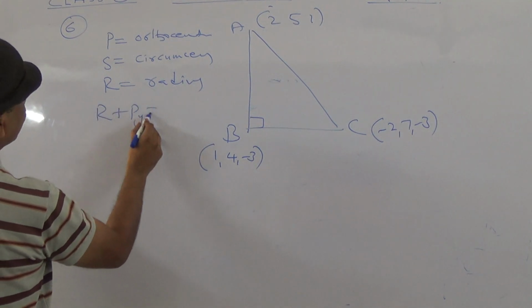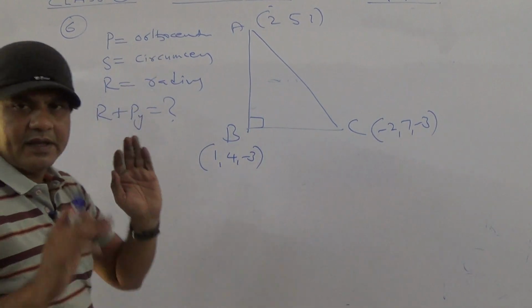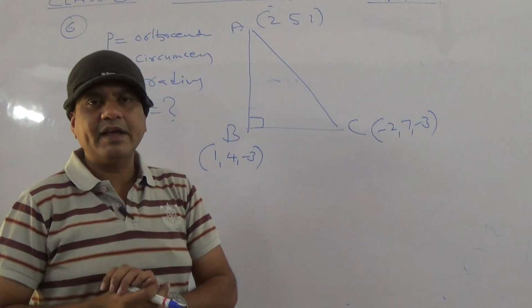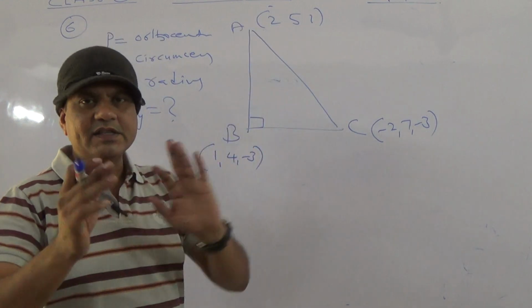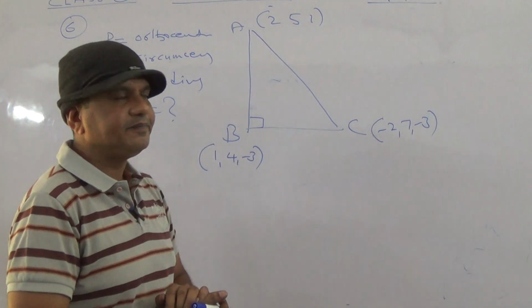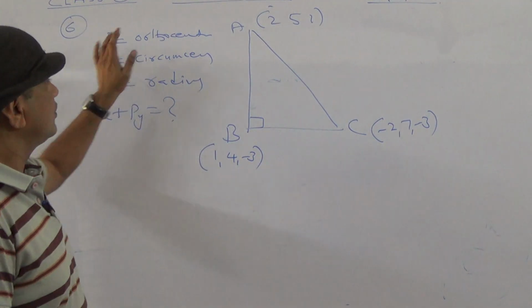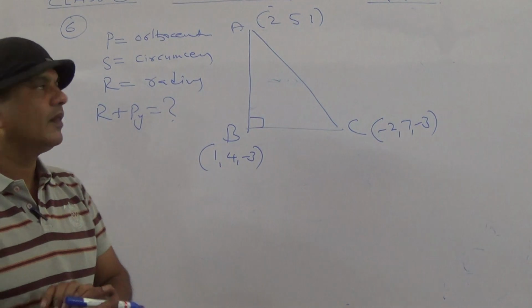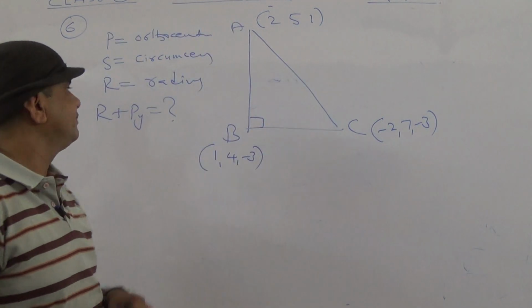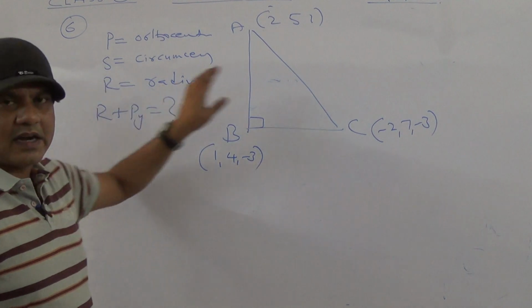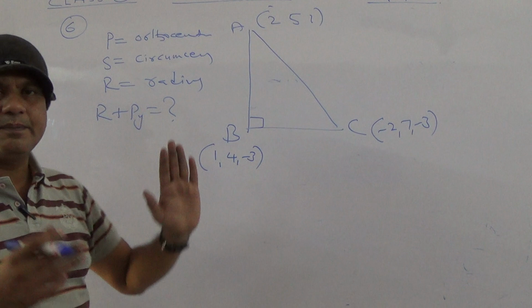Here the problem says ABC is a right angle triangle with the right angle at vertex B, and A, B, C are the vertices. P is the orthocenter of triangle ABC, S is the circumcenter, and R is the circumradius. Then what is the value of R plus PY?